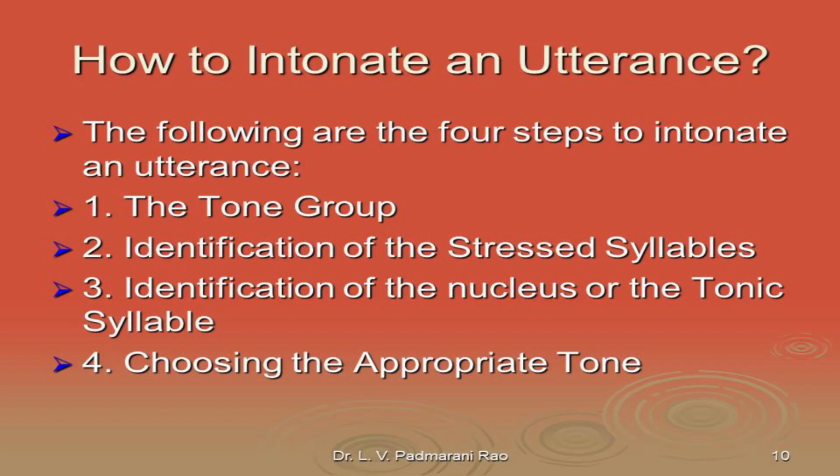Once the stressed syllables are identified within the tone group, we need to identify the nucleus or the tonic syllable within each tone group. Normally, the nucleus or the tonic syllable, which receives the appropriate tone, is the last accented syllable within a tone group. It could be any stressed syllable within the tone group.